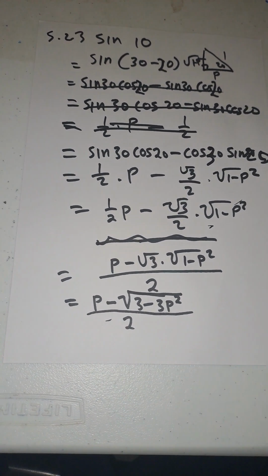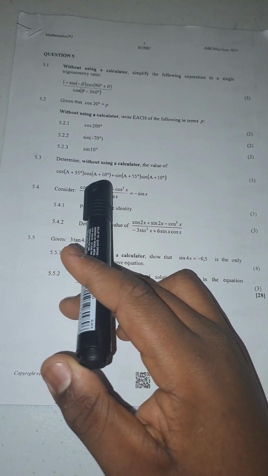So let's continue. Now let's go. Determine without using a calculator: cos(A plus 55) times cos(A plus 10) plus sine(A plus 55) times sine(A plus 10). So this is the same as the one for the compound angle. So I have cos(A plus 55) times cos(A plus 10) plus sine(A plus 55) times sine(A plus 10).